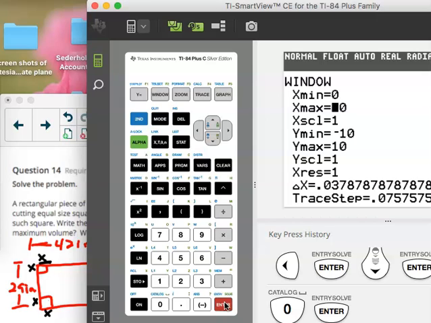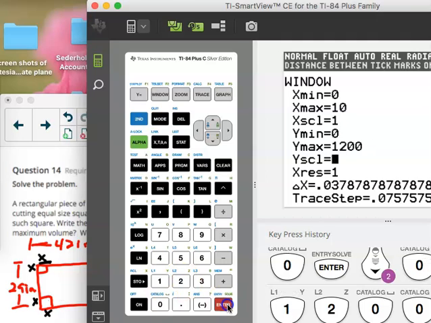Some of you actually found the domain on this one, and you didn't need to, but it probably was very helpful. I'm just going to leave it 0 to 10 and try it that way. And if it were about 40 by 30, that'd be 1,200. So let me try that to start with.